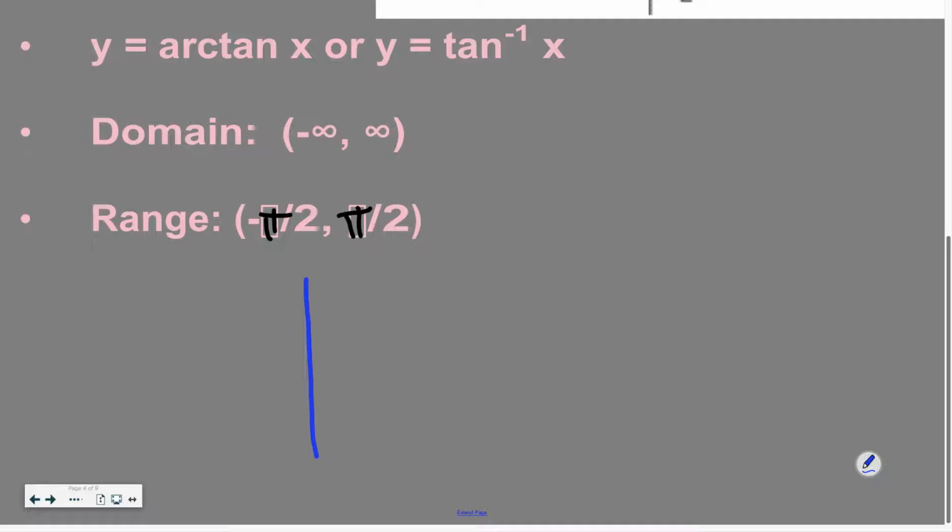So like our inverse sine function, we are going to be grabbing positive values from the first quadrant, negative angles in the fourth quadrant. We're going to either rotate up to the first quadrant positively or down to the fourth quadrant with negative angles.